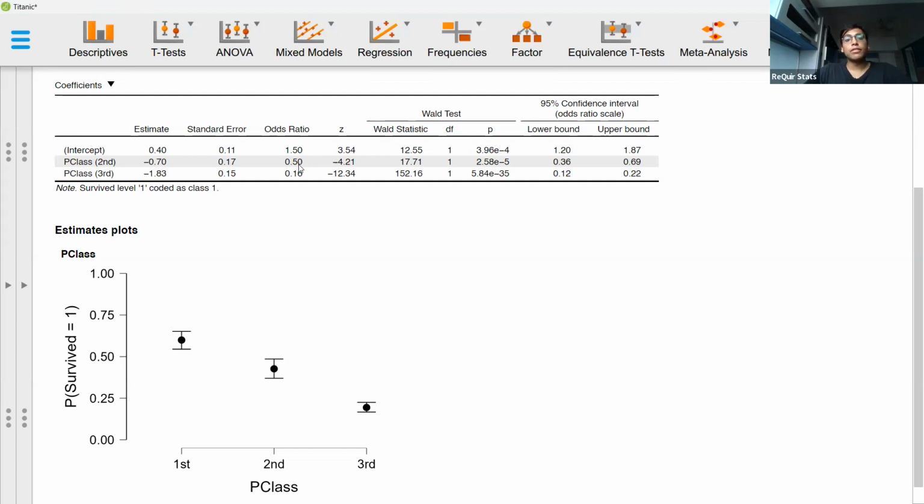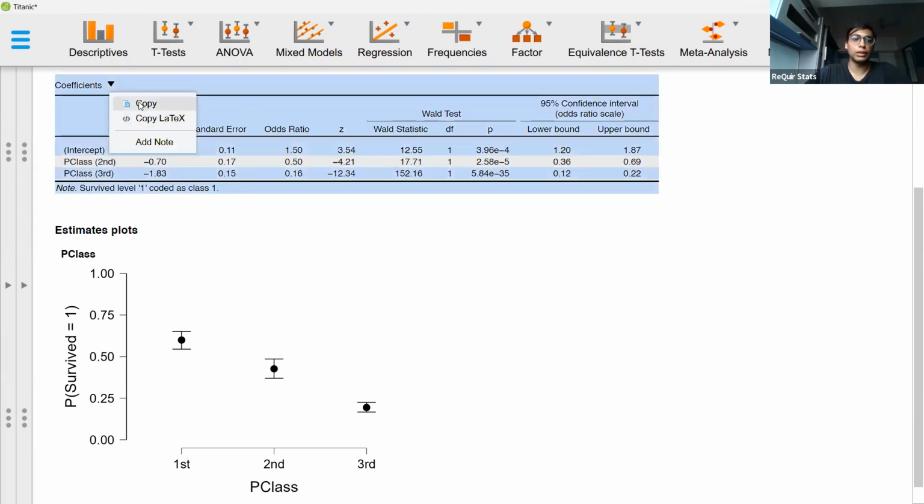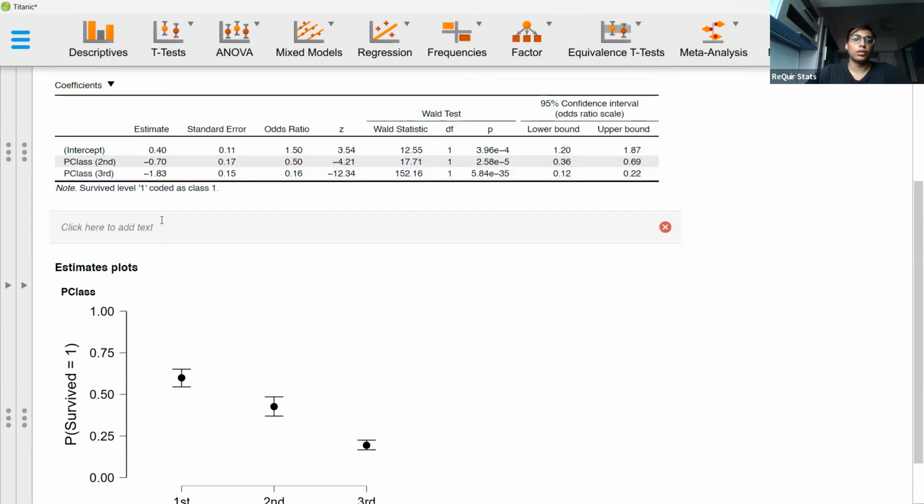An odds ratio less than 1, so if it ranges from 0 to 1, means the odds of the outcome are lower. And if it is more than 1, that means the odds of the outcome are higher. So for this 0.5, remember that the outcome is survival. The odds of survival of passengers in the second class was only 0.5 times the odds of survival in the reference class. So let me write this down.